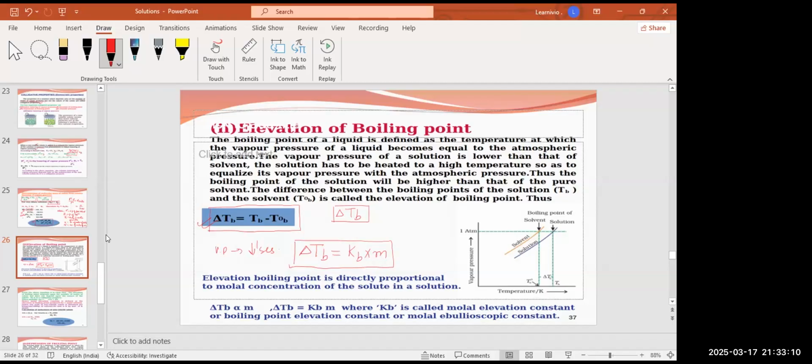Molar elevation constant. Yes, good. It is the molar elevation constant. And m here is molality. The elevation in boiling point is directly proportional to the molal concentration of the solute in a solution. And it can also be called the molal ebullioscopic constant. This formula is very important. Just remember that.